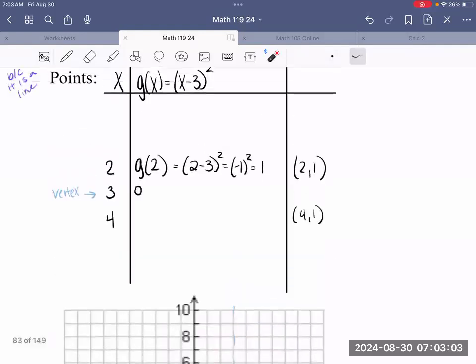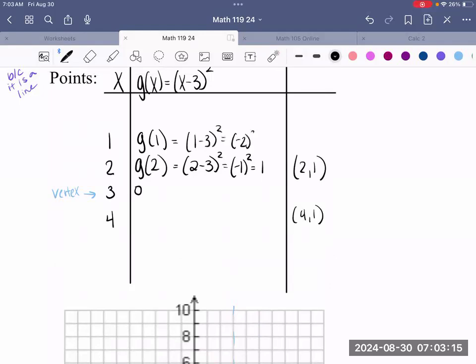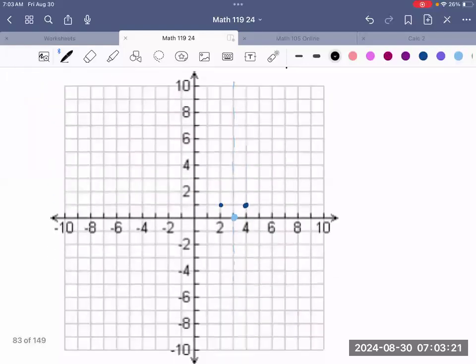It doesn't matter which one you choose. I might choose to put in 1. So g of 1 is 1 minus 3 squared, which is negative 2 squared, or 4. So we have (1, 4) here. If I add that to my graph over here, (1, 4).